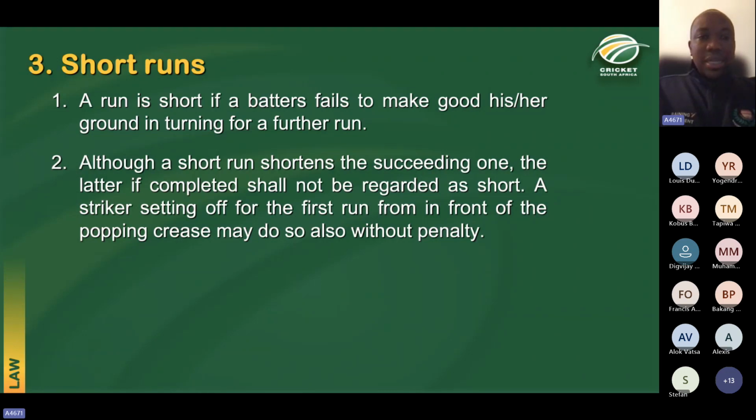So what the law is telling us here is that if and when David Miller hits the ball into the field and starts a run, he does not need to go back into his crease to start the run from behind the popping crease. No, he can run from that half a meter outside of the popping crease to the other crease to make good his ground, and that shall be sufficient for completing a single.